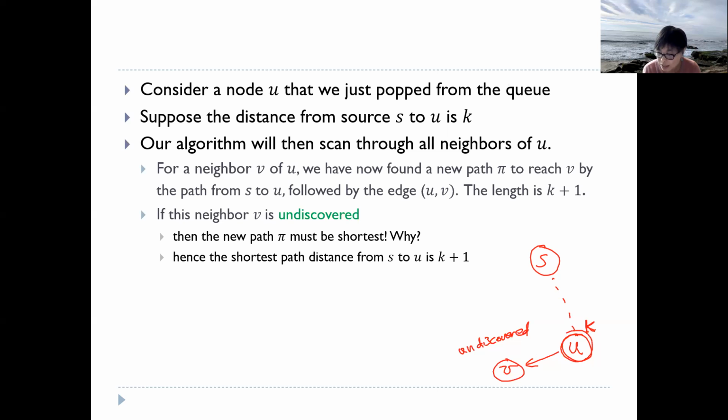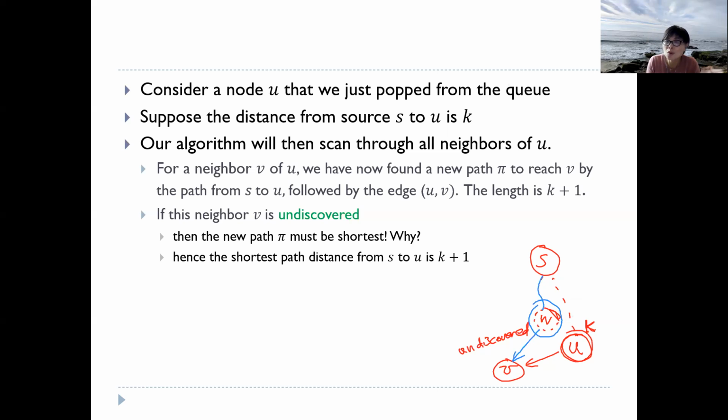Why? Because if it's not the shortest, let's say there was another node W that we could have gone to from S, I'm going to use blue color, to W, and then from W to V through an edge. If this is a shorter path, that means W has to be at a distance smaller than k from the source.